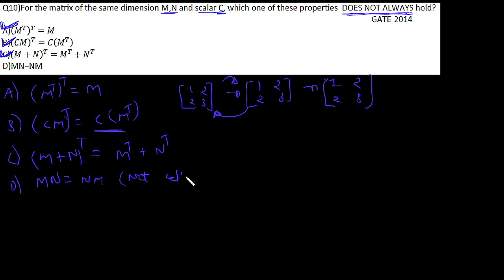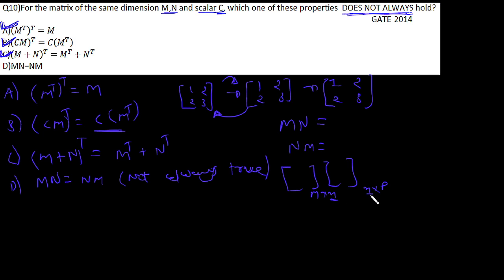Sometimes MN is defined, but NM is not defined, because in multiplication we have one condition: the number of columns of the first matrix and the number of rows of the second matrix must be the same. So sometimes we can get MN but not NM, so this property does not always hold, and statement D is incorrect.